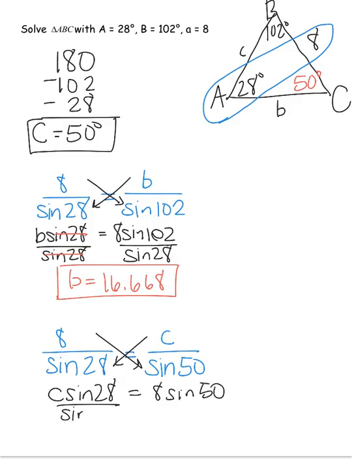We divide by the sine of 28 because we want c by itself. And we'll type 8 sine 50 equals, divided by sine 28. And find out that c is 13.054.